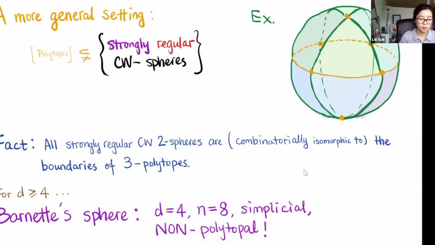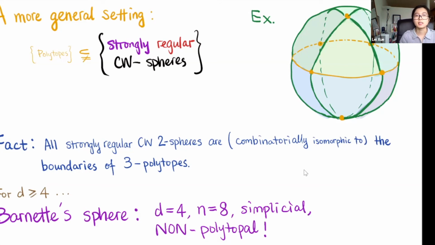In fact, I think people have a full characterization of all simplicial strongly regular CW 3-spheres with exactly 8 vertices. There are 39 of them, and exactly 2 of them are non-polytopal.